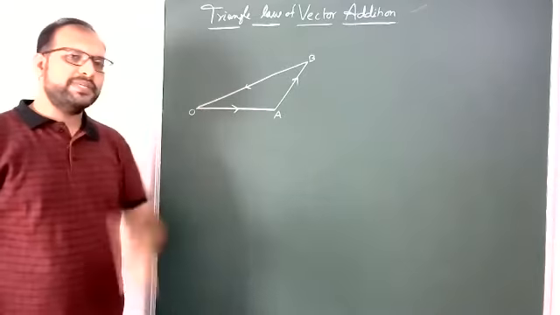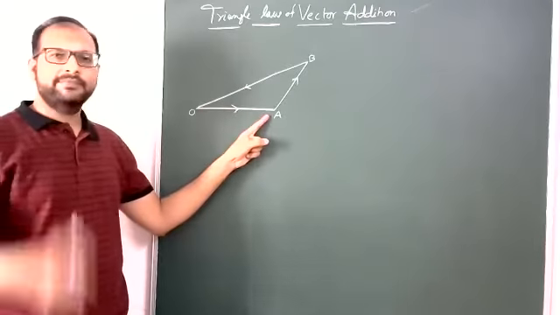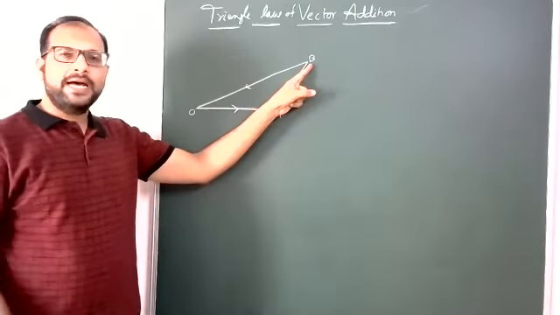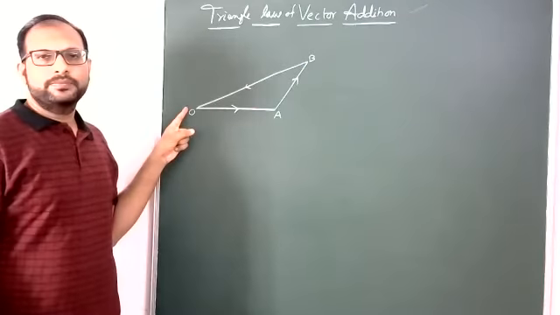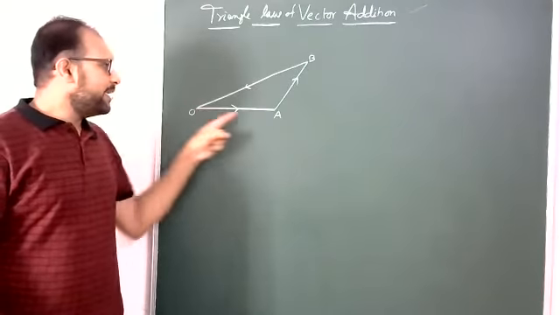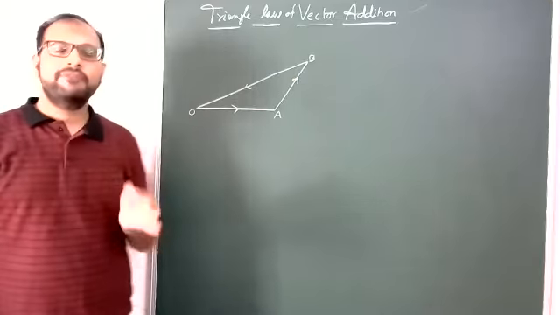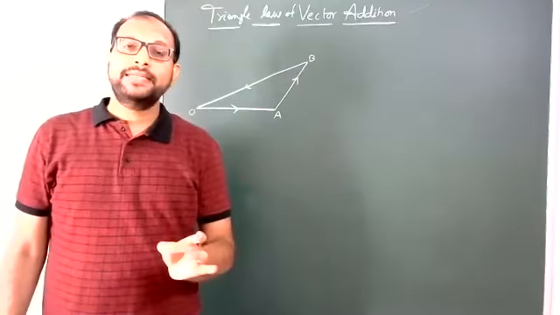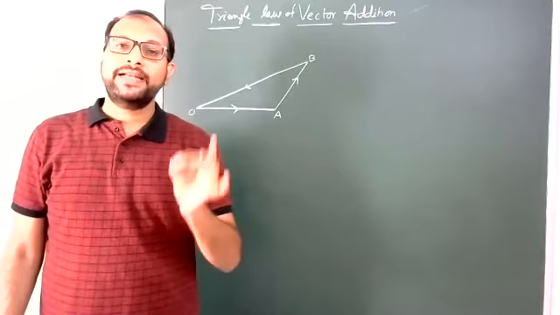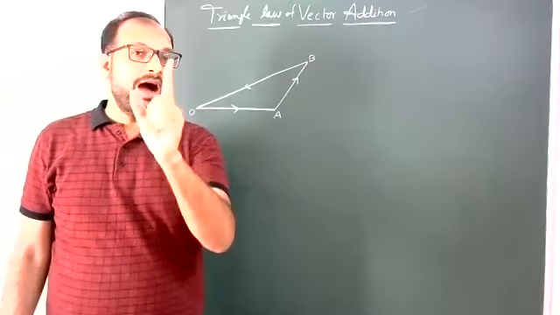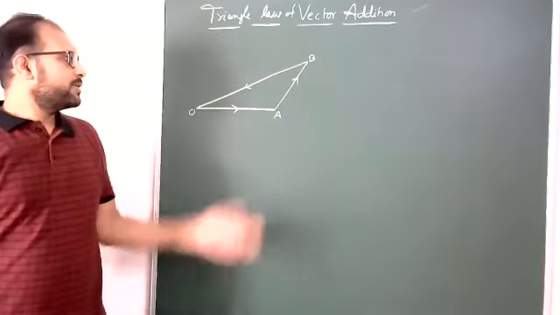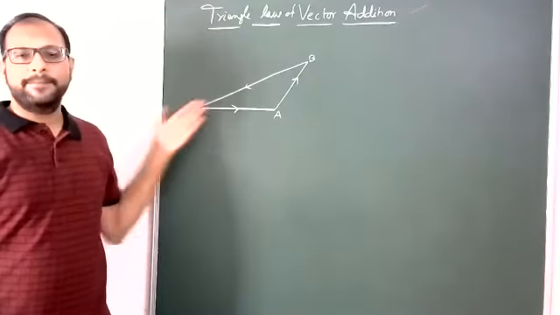Here the order is not missed: O to A vector, A to B vector, B to O. These three sides of a triangle represent all vectors taken in particular order, no reverse. So now the triangle is completed.